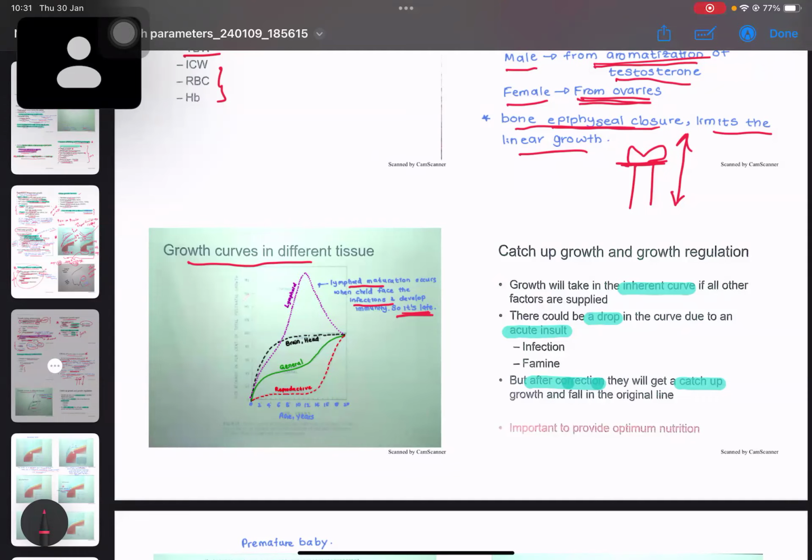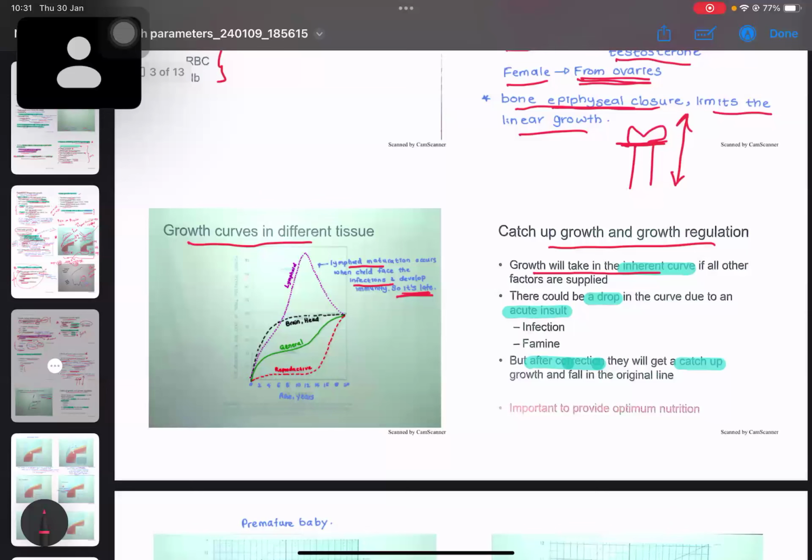Okay, catch-up growth and growth regulation. This growth will take place in the inherent curve. Inherent means your genetic curve. If all other factors, your nutrition, your hormones, are supplied properly, then the growth will take the pattern of the genetics.